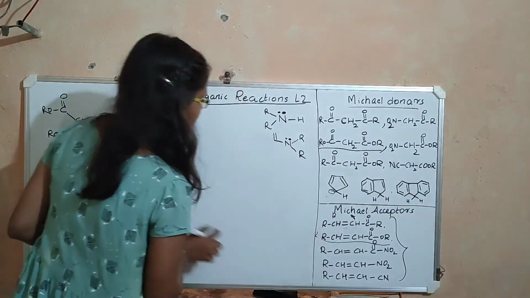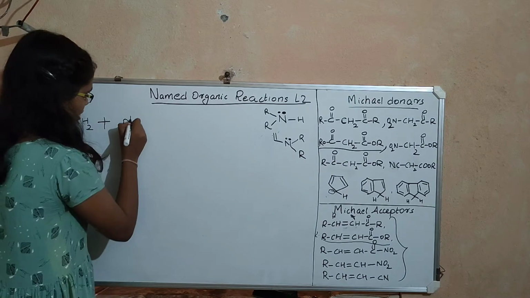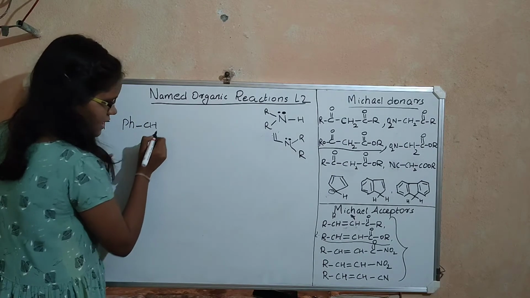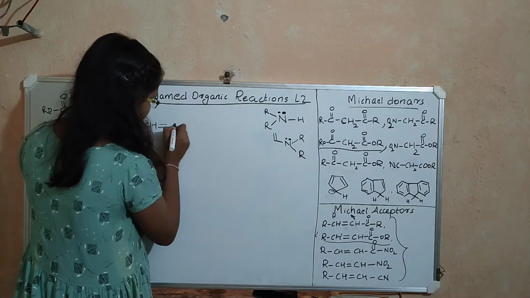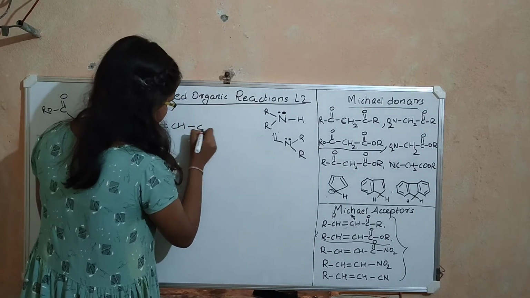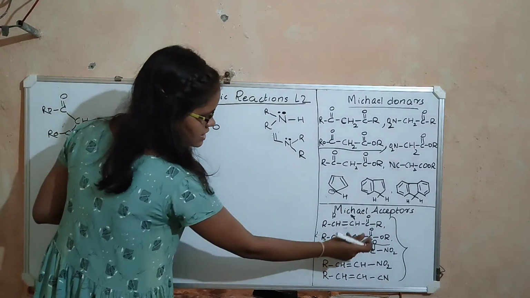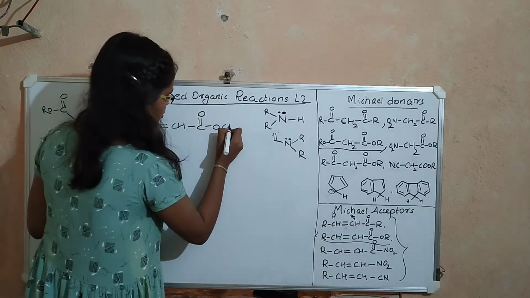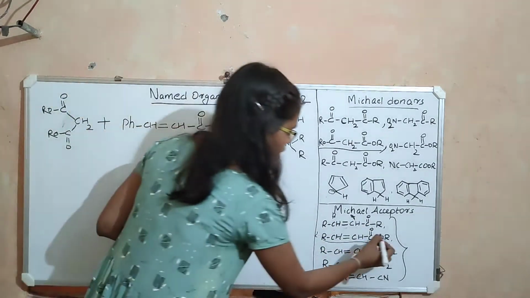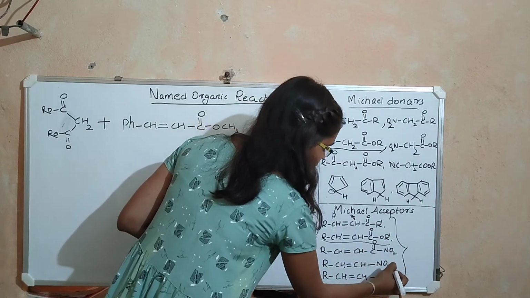I'll replace this R with a phenyl group. It becomes Ph, CH double bond CH, C double bond O, and I'll replace this R with CH3. Let it be R and this be R dash.